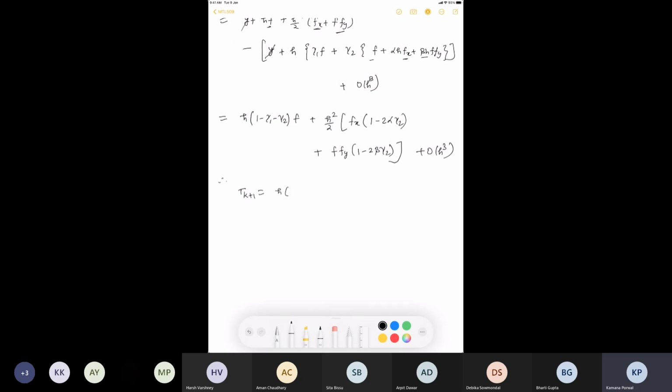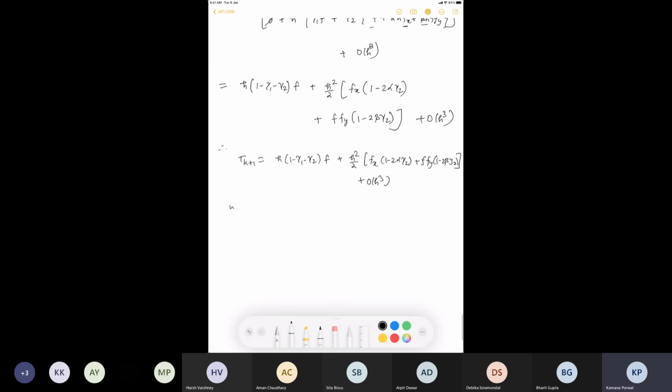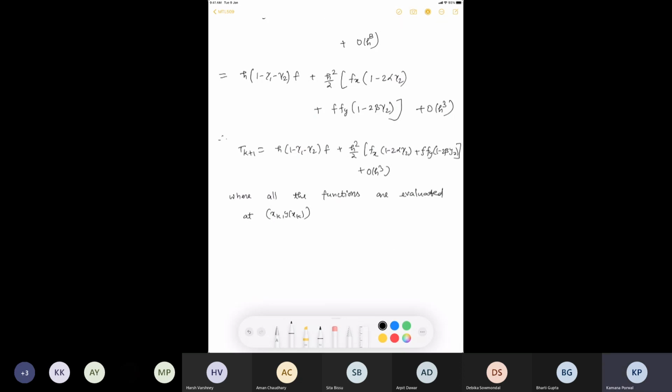So this is going to be h times (1 minus gamma 1 minus gamma 2) f plus h square by 2 times [f_x (1 minus 2 alpha gamma 2) plus f f_y (1 minus 2 beta gamma 2)] plus order h cube, where all the functions are evaluated at x_k, y at x_k. So they have the same arguments for all the functions.